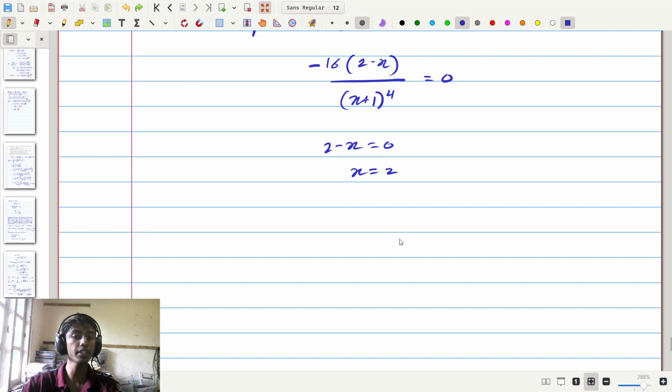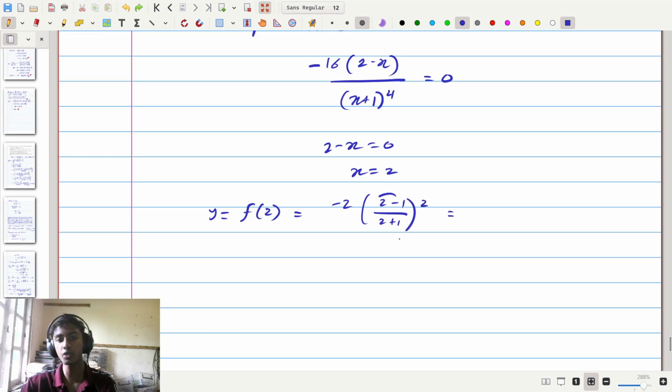Now substituting in x equals 2, y equals f of 2, which is equal to minus 2 times 2 minus 1 divided by 2 plus 1 squared, plus 4, as there's another plus 4 at the end.